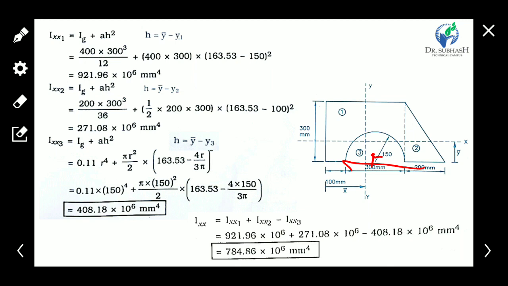Now we have all values, and we get the moment of inertia of the semicircle about the x-axis.